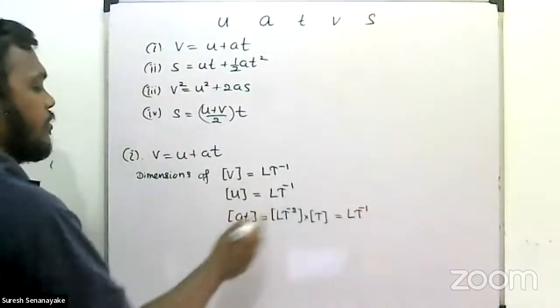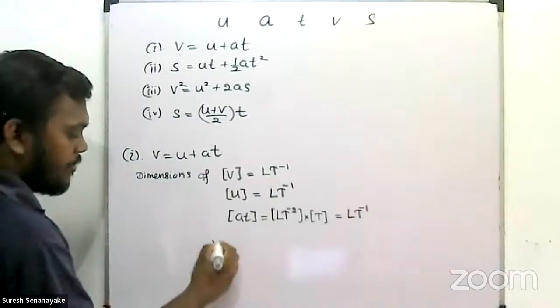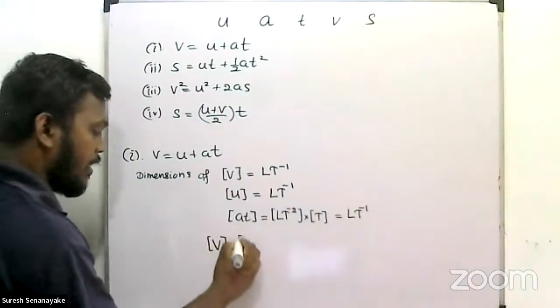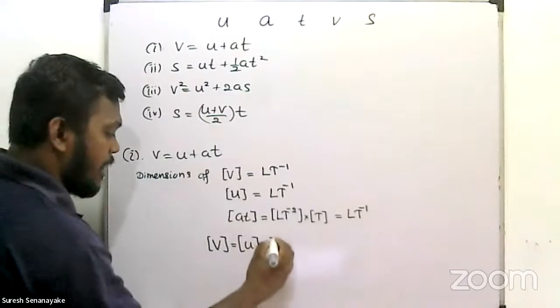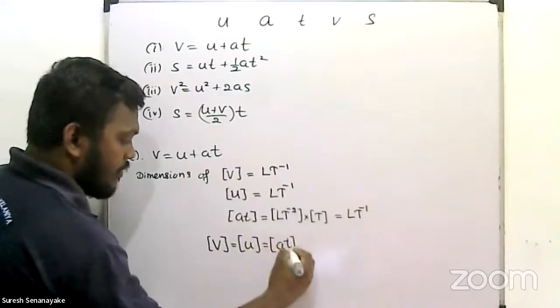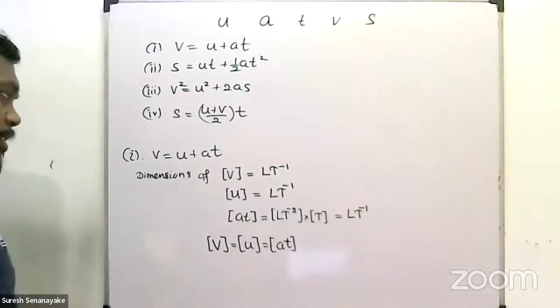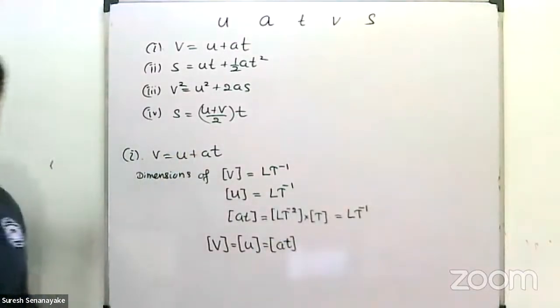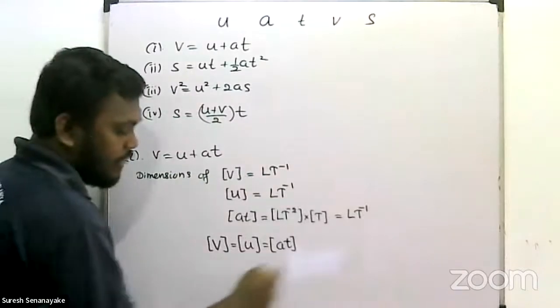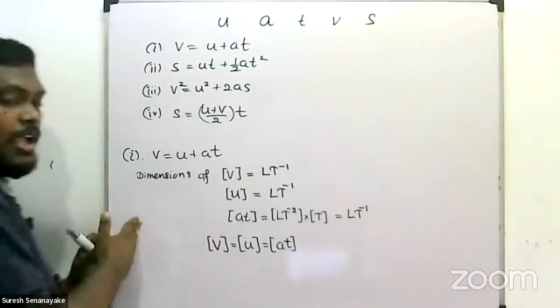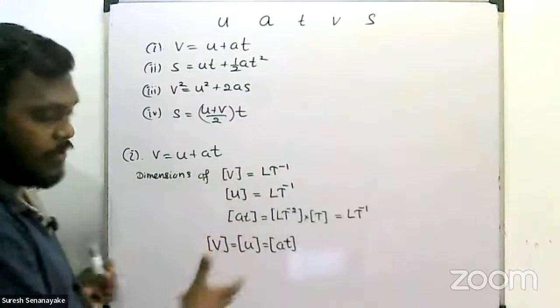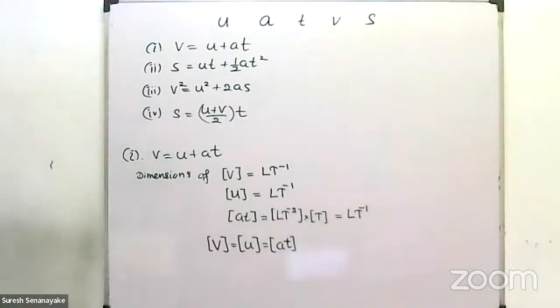So according to this, you can see the dimensions of the v, u, and at terms are all equal. That is LT to the minus 1. So that means this equation satisfies the homogeneity principle, the principle of homogeneity, right? Therefore the dimensions of the left side and the right side are both equal. So that means this equation is dimensionally correct.